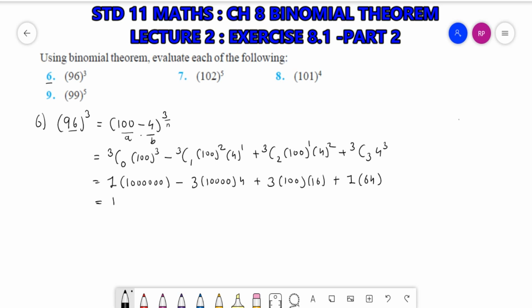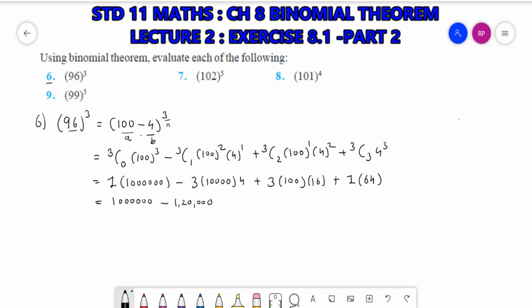This will be equal to 1 followed by 6 zeros, minus 3 into 10,000 into 4, that is 12. 12 into 10,000, 1,20,000.